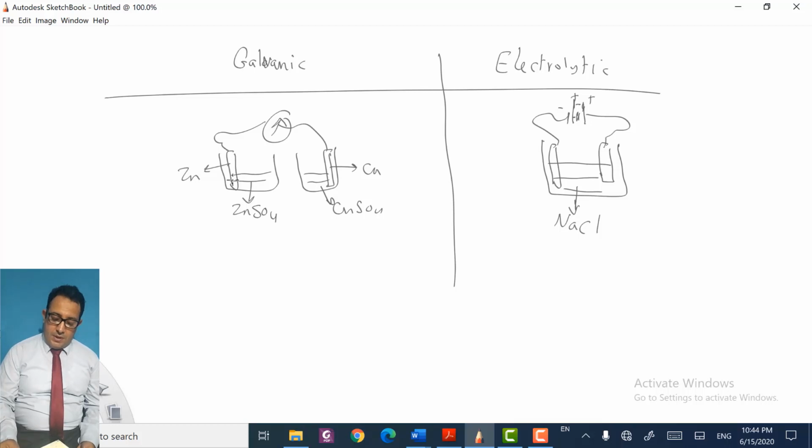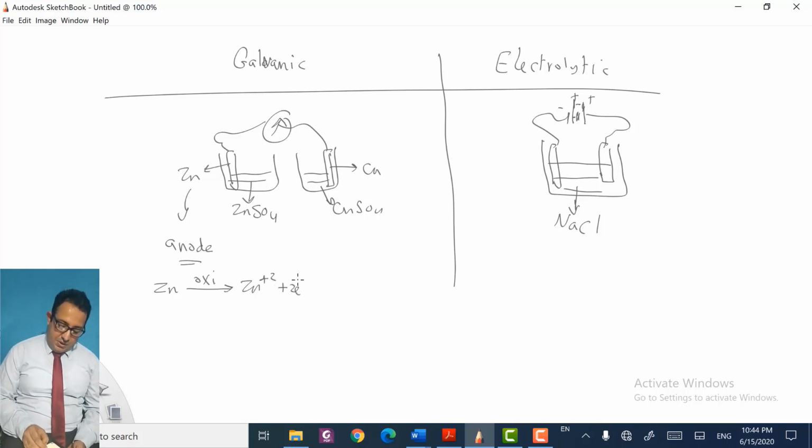According to the reactions taking place, in the galvanic cell zinc works at the anode, at which oxidation takes place: Zn changes to Zn2+ plus 2 electrons. As it produces the electric current, the 2 electrons start to move in the wire.